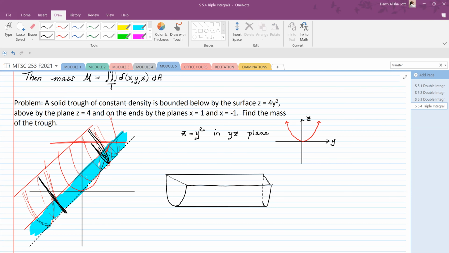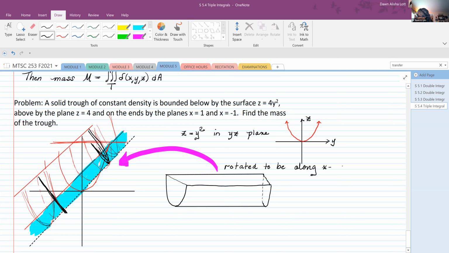Yeah. Okay. But it's turned. So this is actually rotated to be along the x-axis, because x can go forever.